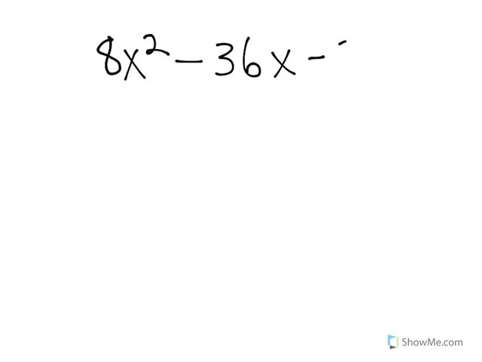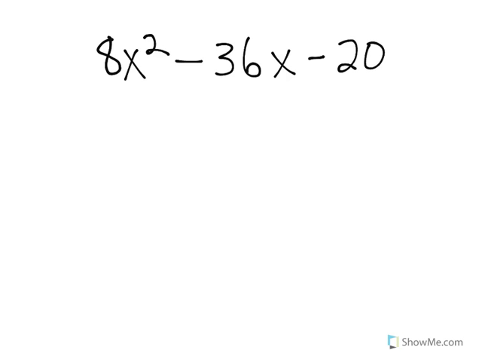Let's look at another one where a is not equal to 1, and we have a different sign for c. We'll have a negative c. In this example we're going to factor 8x squared minus 36x minus 20. Always ask yourself first, is there a greatest common factor?